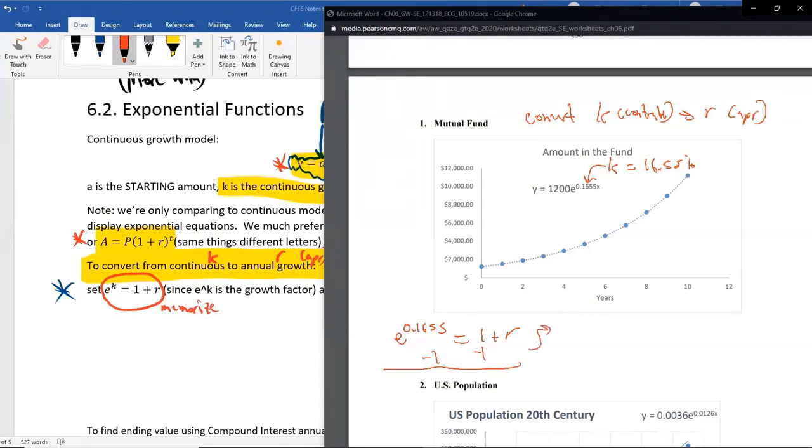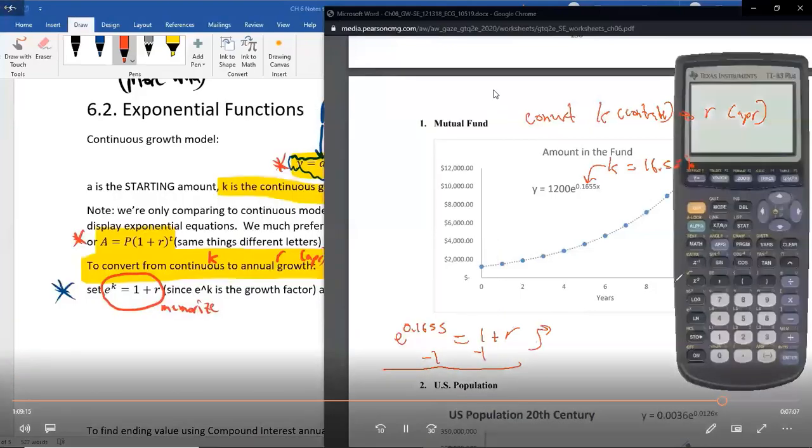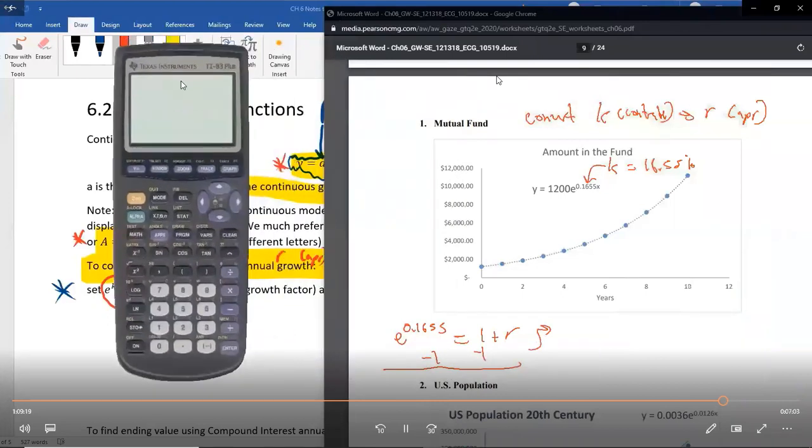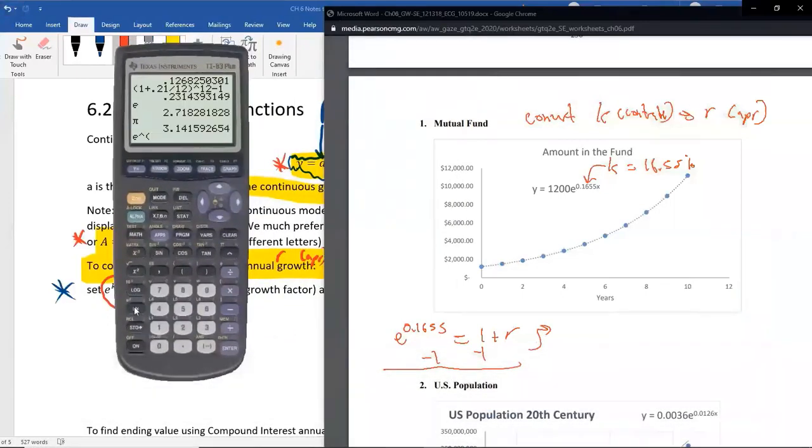And then you just stuff all that in a calculator. So e, I got to go second, e with the exponent, which is right here on my calculator. And that exponent was 0.1655. I could have also hit second, the e that's under the division key, and then made the exponent myself. Then I got to do minus 1.